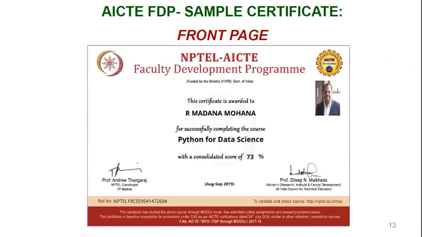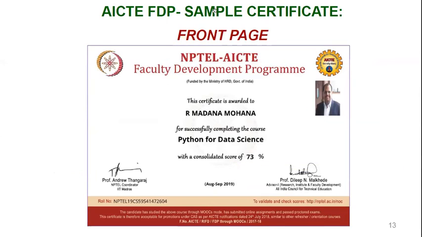Now you can see I have included my FDP certificate that I recently got. I took this course during the August to September 2019 semester, Python for Data Science, which is a 4 weeks course.